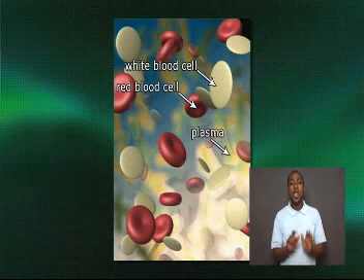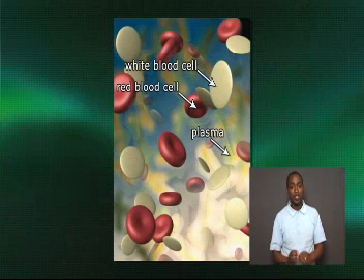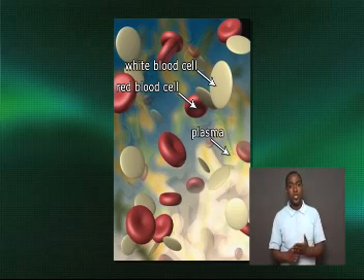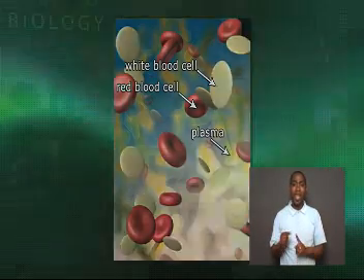For example, carbon dioxide, which is produced in the organs of the body, is carried in the plasma back to the lungs. Plasma contains thousands of different chemicals, including blood-clotting substances, sugars, lipids, vitamins, hormones, and antibodies.